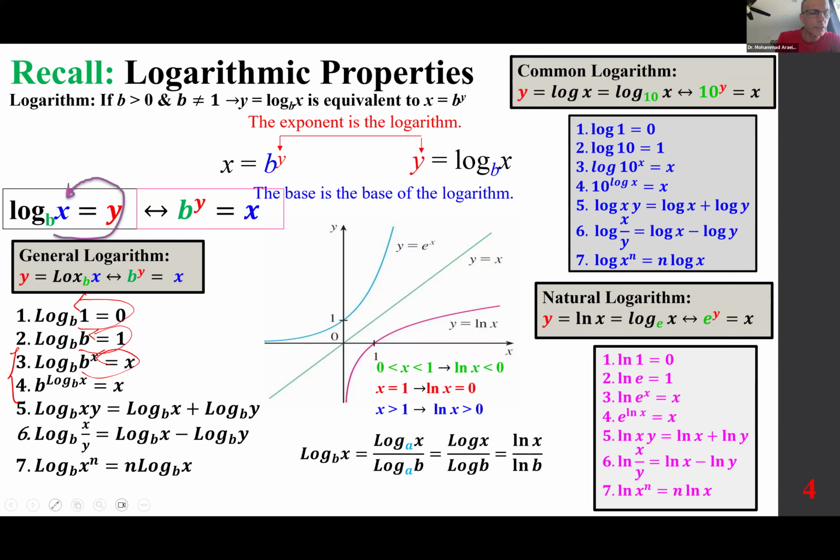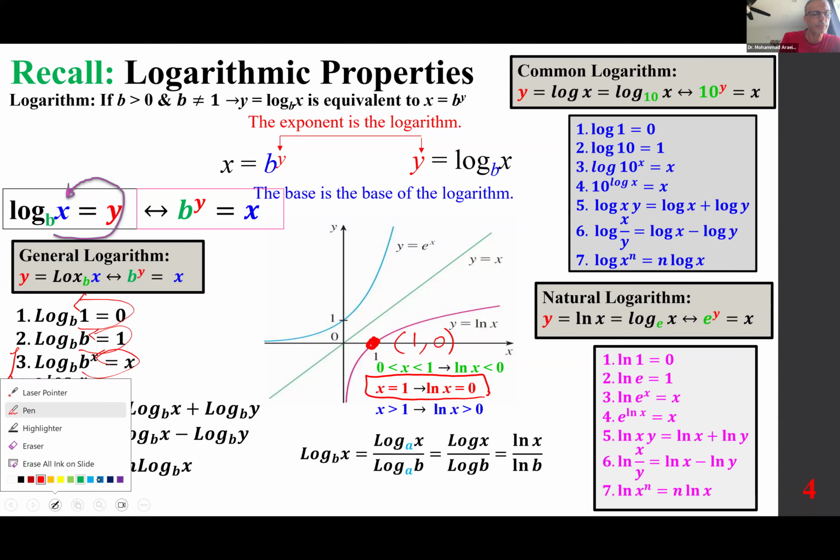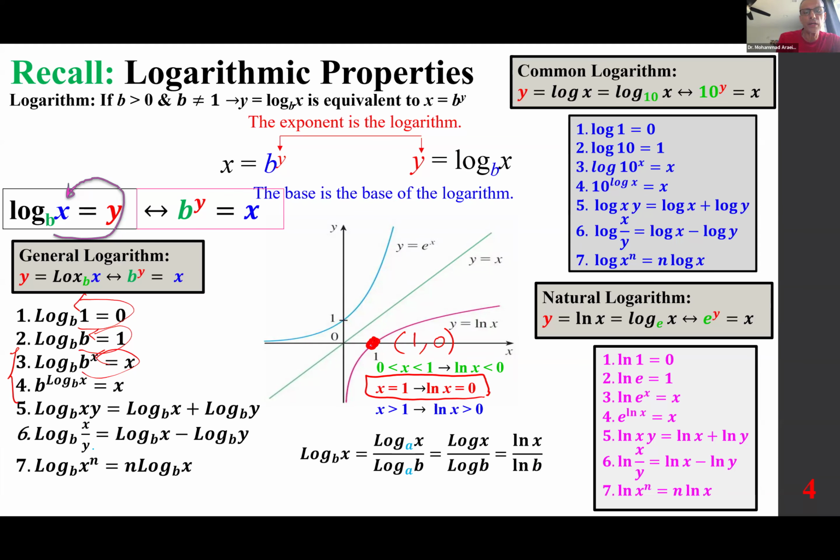Also, notice this point, the x-intercept has coordinates (1, 0). If x is between 0 and 1 here, then log is negative.